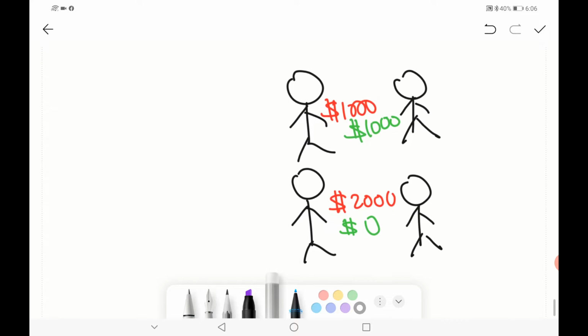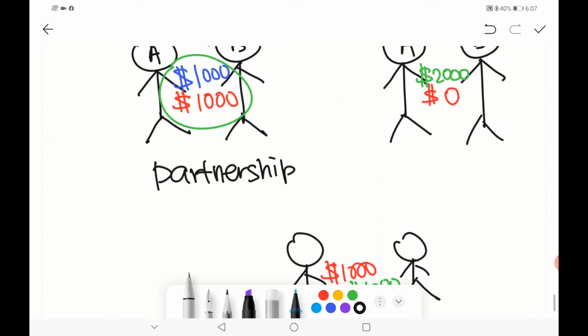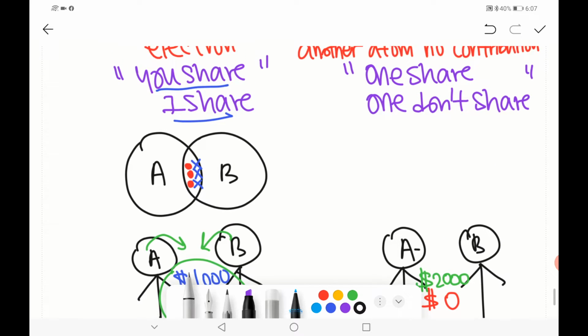For the first case, everyone needs to contribute 1 electron for sharing. For the second case, one fella contributes 2 electrons for sharing, and the other fella does not make any contribution. So this is a very special type of electron sharing.